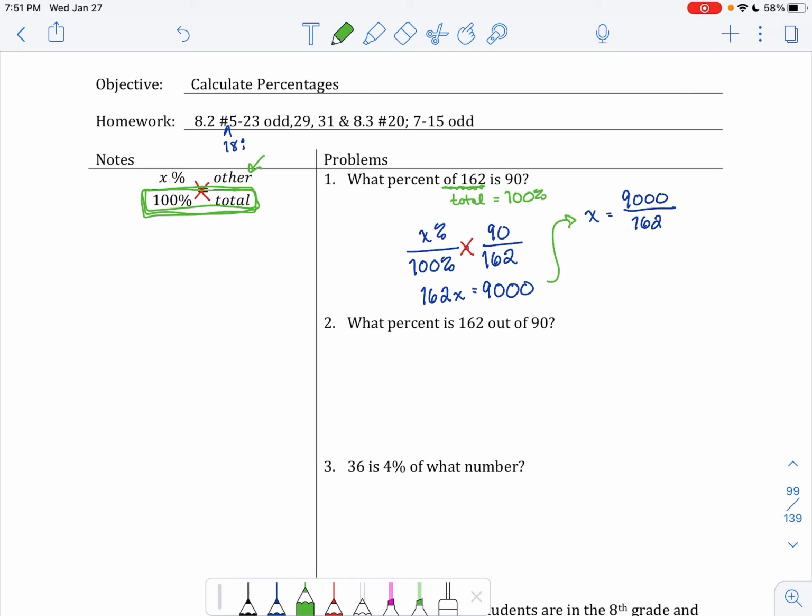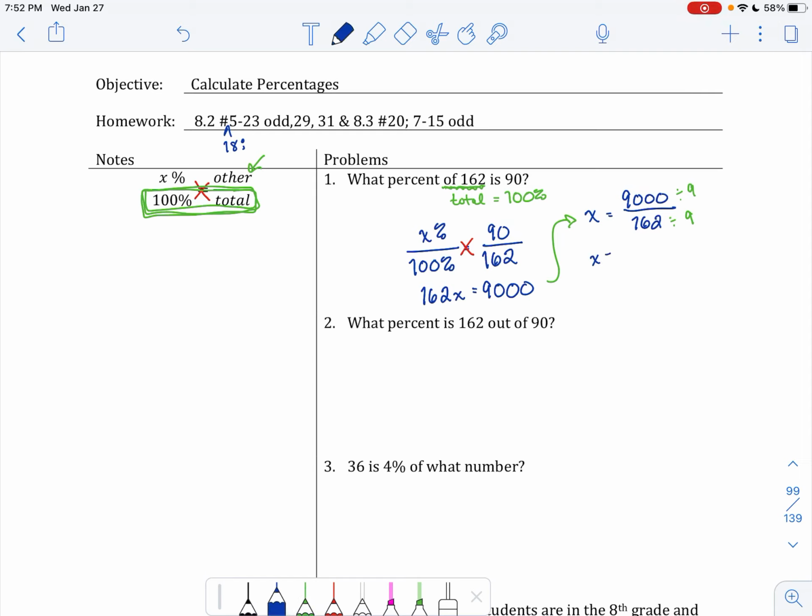I recognize that these can be simplified because there's this nice trick that if I add the digits of a number together and it equals 9, it's divisible by 9. So 1 plus 6 is 7, plus 2 is 9. So I can actually divide both of these by 9. And that trick also works with 3s. Those are the only 2 numbers that it works with, but it's a nice trick to know.